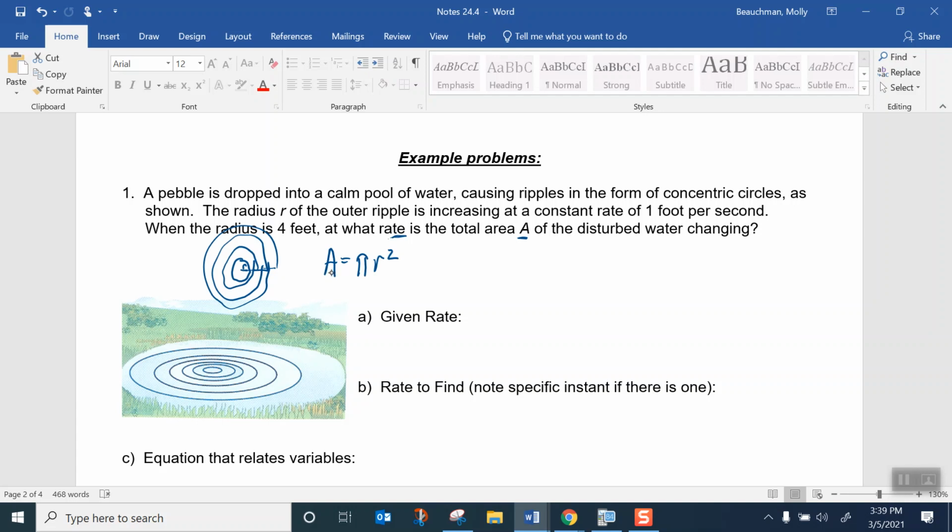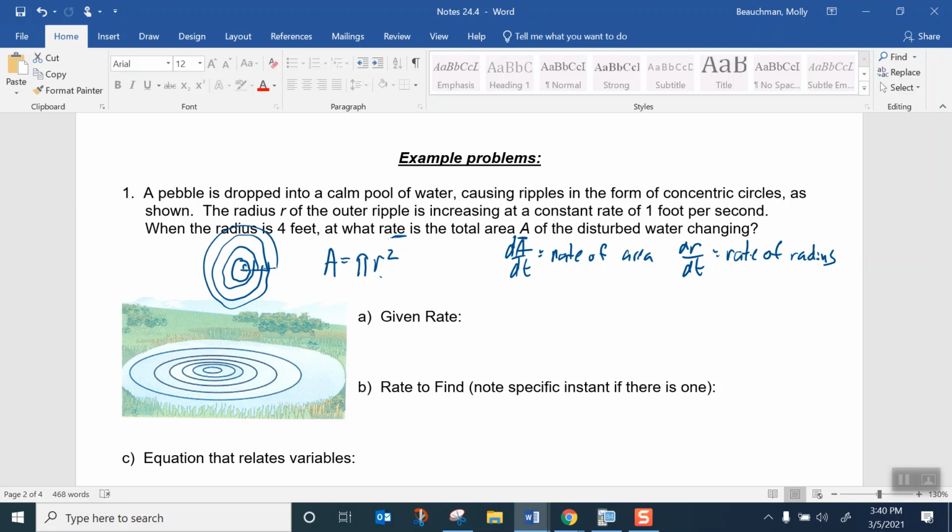So our two variables are area and radius, and we're going to have two rates with respect to time. dA/dt is going to be the rate of change of the area, and dr/dt is the rate of change of the radius.